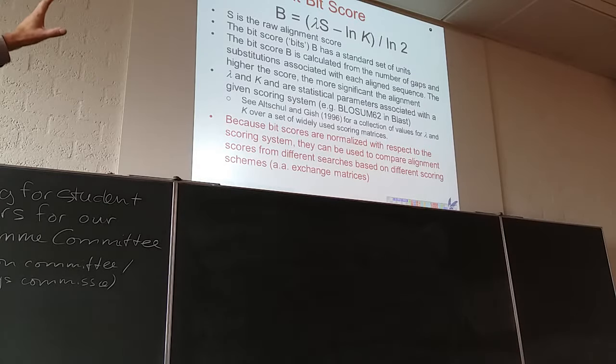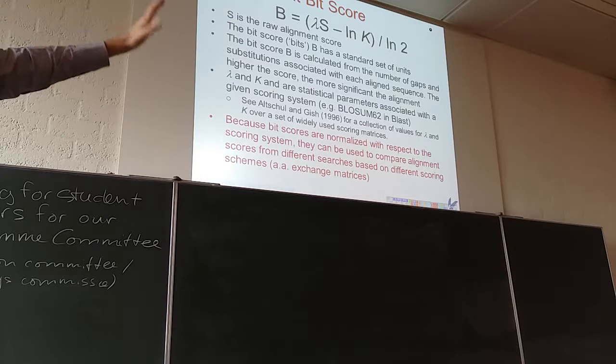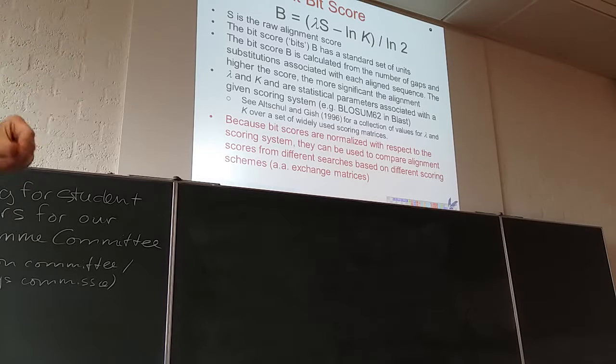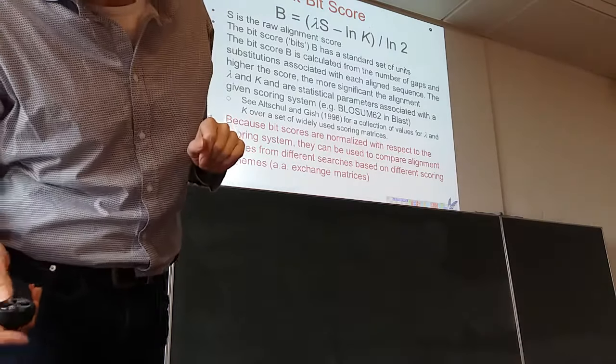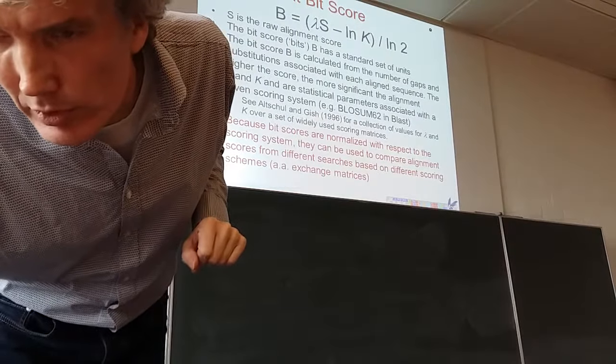There's a way to fit or derive them from your data, but that's beyond this lecture. So if you have your lambda and K, you can convert your alignment score into a bit score. The nice thing is that once you know how to do this for a given scoring scheme, you can convert it easily, and then you have something you can compare, independent from your scoring scheme. Okay, so where am I going?